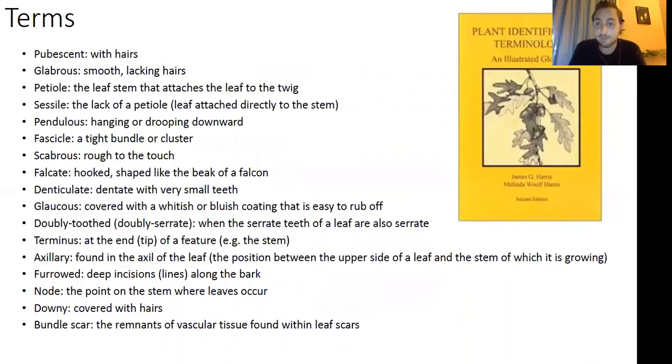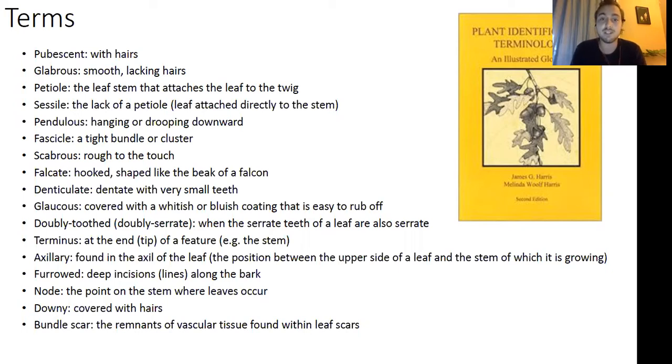Now, in plant identification and botany as a whole, there is a lot of specific terminology used when identifying trees. Most of it is in reference to Latin and Greek roots. There's a lot of terminology listed here, and this is just an example to give an idea of the type of language used.